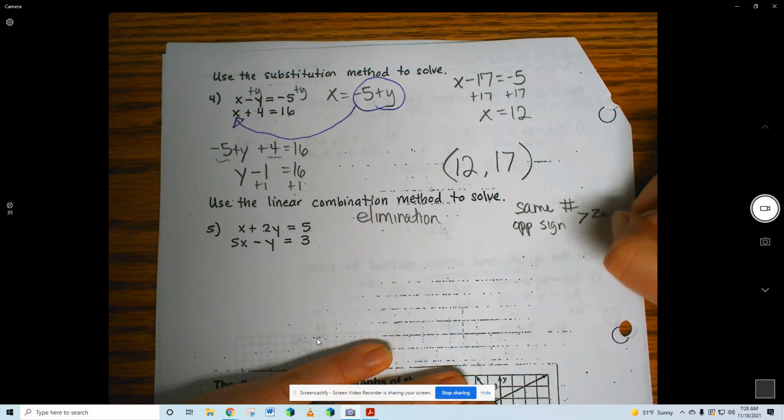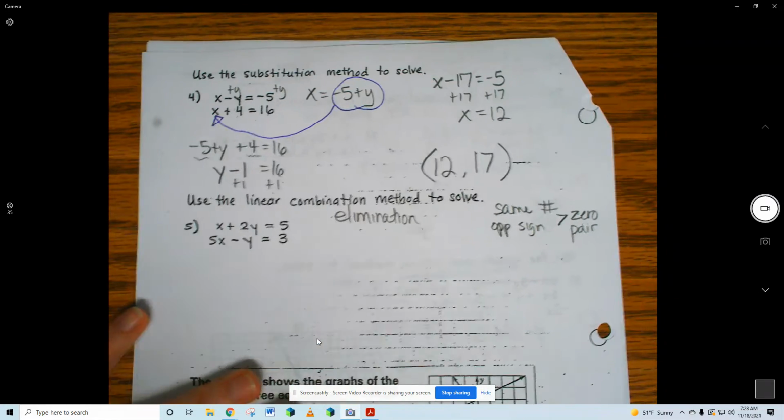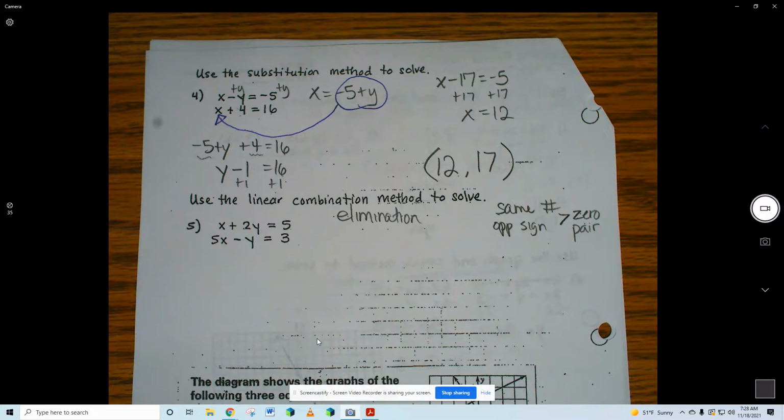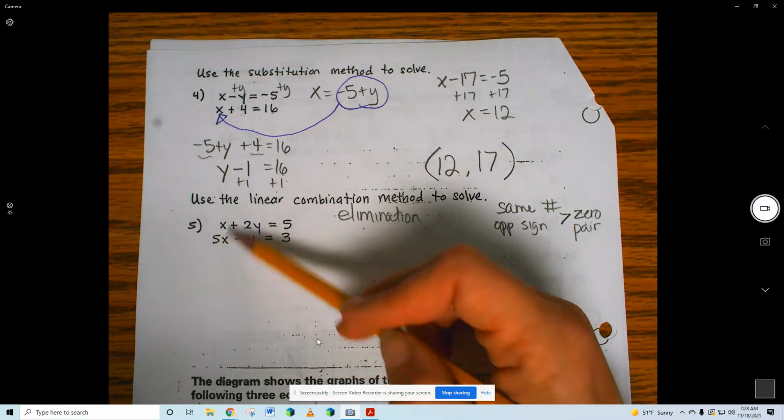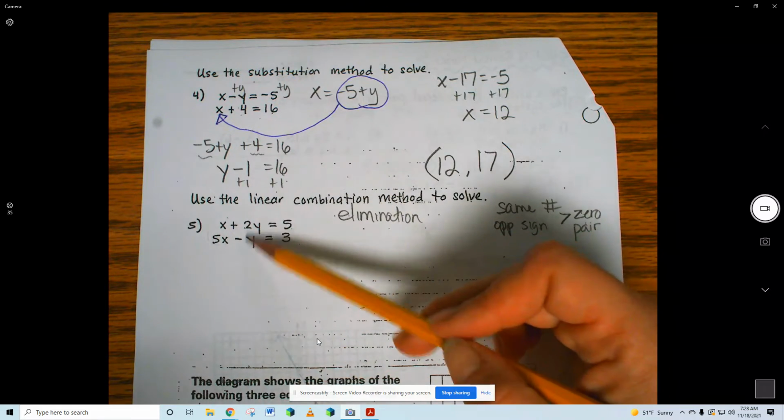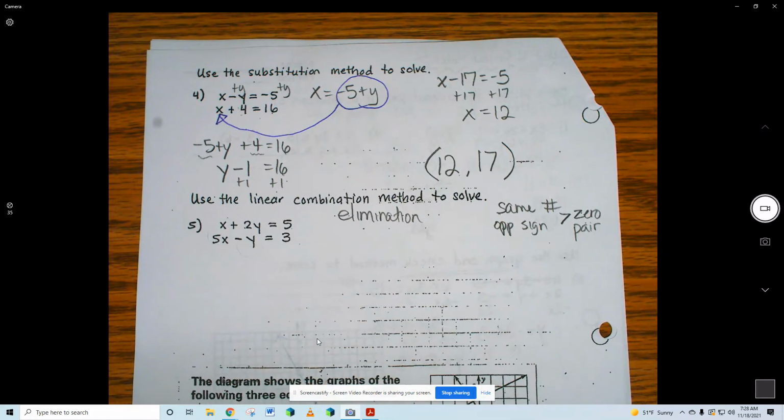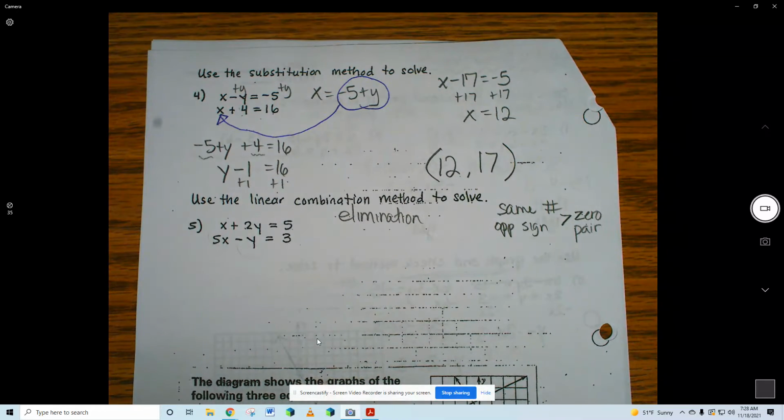It's called a zero pair. So I want to have a zero pair. Should I make both of the x's a 5 and a -5? Or should I make both of the y's a 2 and a -2? What do you want to do? What looks like it would be the least amount of work?